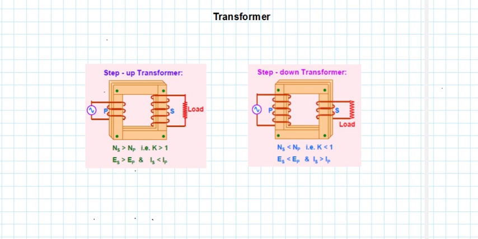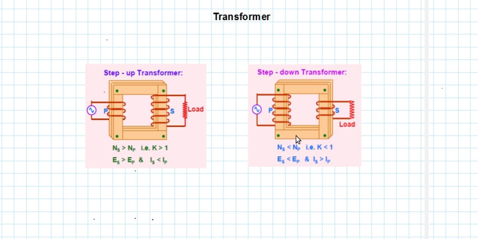Then we have the picture of a step down transformer. A step down transformer means the voltage of the secondary will be less, or the output voltage will be less. Here again we may notice the number of turns.